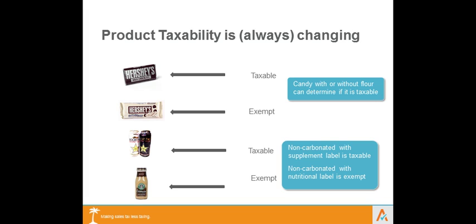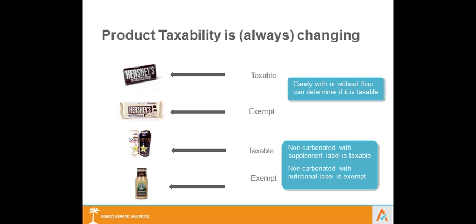The other thing that you'll see as an example is beverages. For example, we talk about energy drinks, that's a pretty growing market. One of the differences that has to be taken into account as far as whether to tax those items is whether or not it's a carbonated beverage or a non-carbonated beverage with a supplement label.